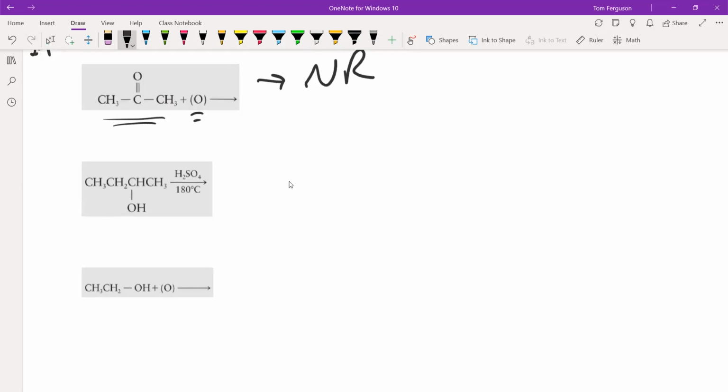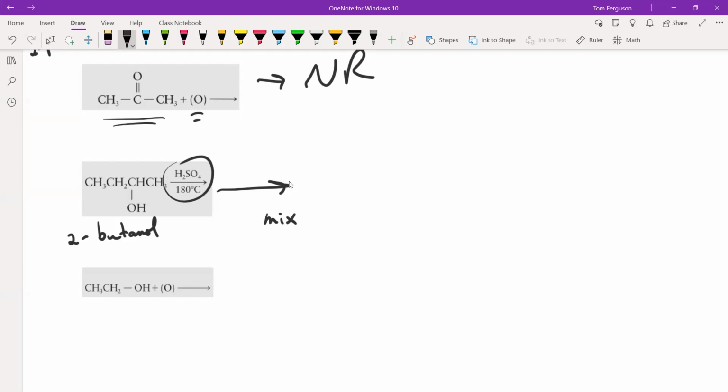Here we have 2-butanol under high heat, 180 degrees, with acid conditions, sulfuric acid. So we're going to end up with an alkene, and we're usually going to get a mix.